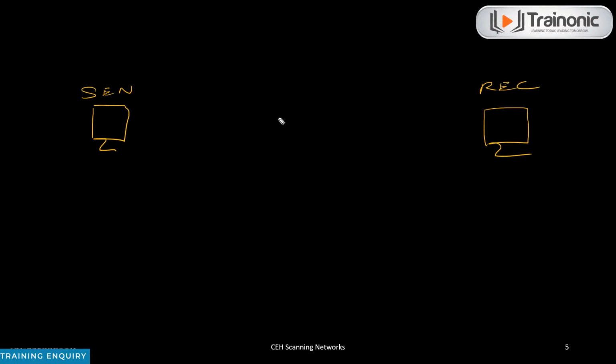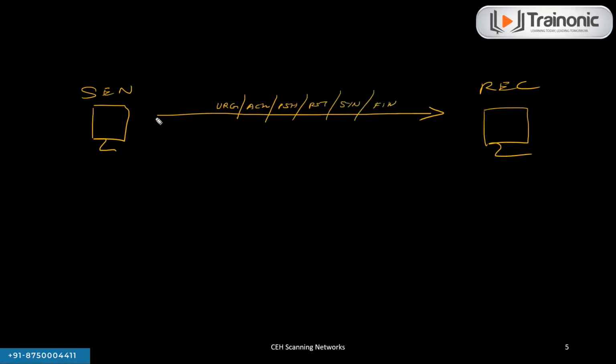On the sender side, when it sends the SYN three-way handshake, all the flags are there: the urgent bit, the acknowledgement bit, the push bit, the reset bit, the SYN bit, and the FIN bit, the finish bit. All the information is going towards the receiver. These are binary bits, so zeros are turned off and 1 is turned on.